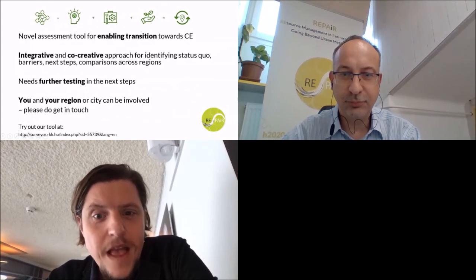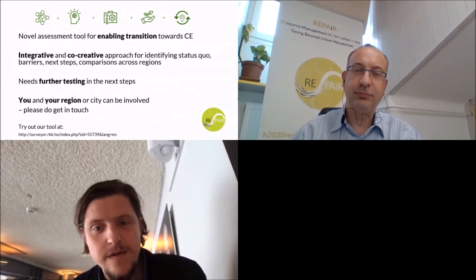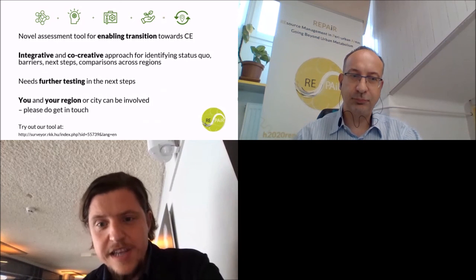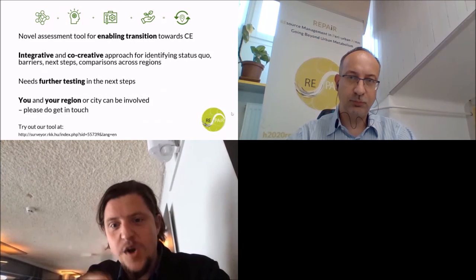Okay, it's coming up. So just in conclusion, the tool that we proposed is a novel assessment tool for creating an enabling environment for the transition towards a circular economy. The point here is that in order to reach this kind of mainstream circular economy that is cutting across scales, sectors, participatory, and engages stakeholders, we need to think across those four axes: governance, awareness, tools, and sustainability assessment to understand where we are.